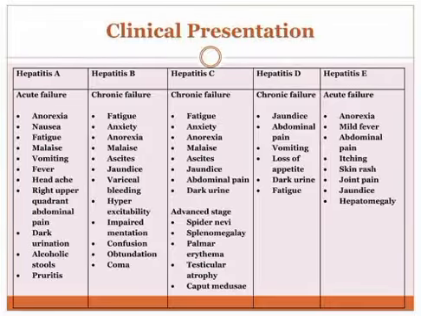So the clinical presentations. This is the clinical manifestation of all five types of hepatitis. Usually hepatitis A is an acute failure. It may include anorexia, nausea, and a sensation of vomiting. Fatigue means they may feel somewhat tired.